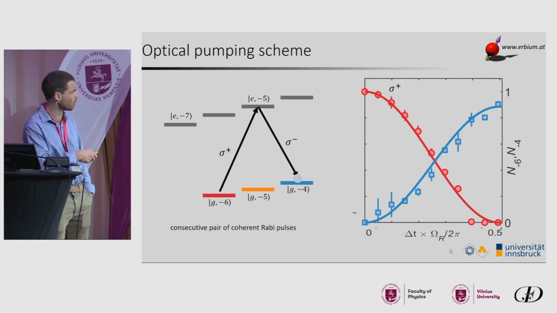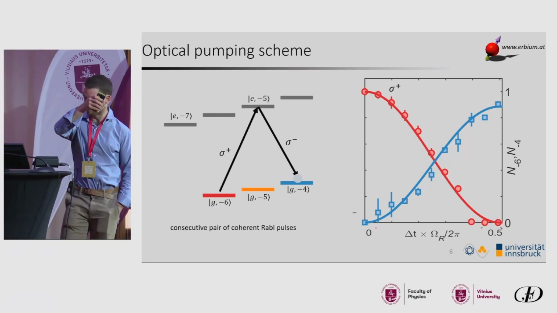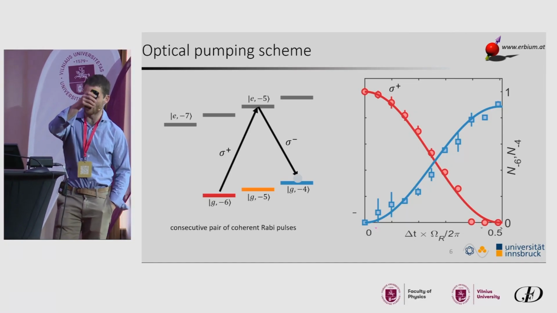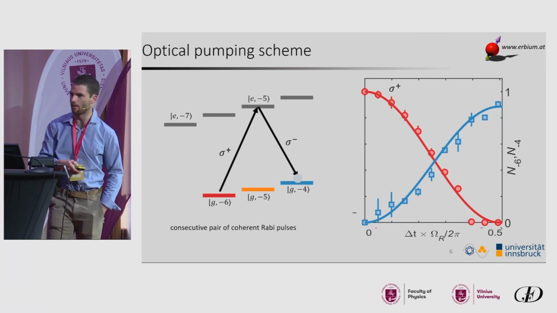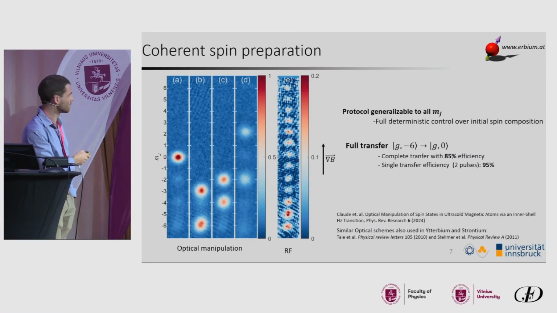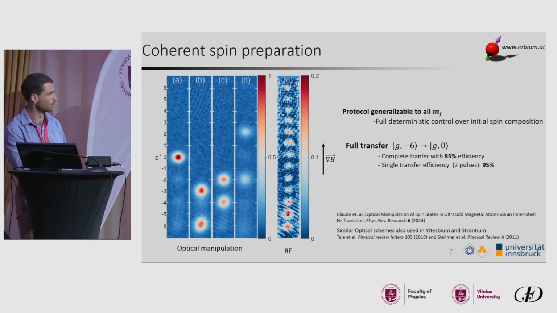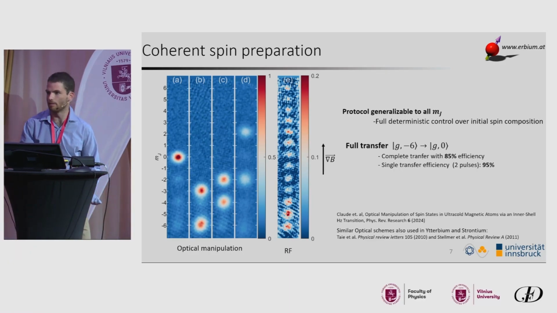And when you do a pi pulse back to the ground state, you project the atoms that were in superposition of the ground and excited. You project one part in excited, and you end up with the 50-50 mixture. So what you get in the Stern-Gerlach is that at the end your cloud is either fully in a single spin state, or you get half of your atoms in one spin state and the other half in the other one. And okay, thank you.